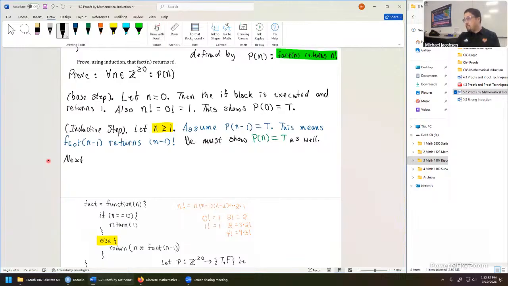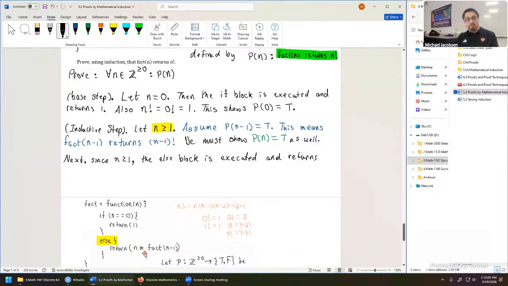Next, since n is greater than or equal to one, the else block is executed and returns, well, it was a very short block, one line.